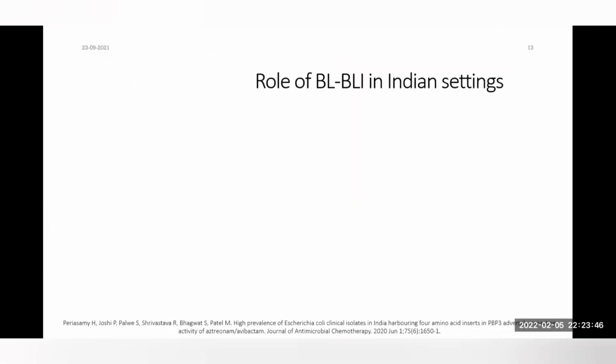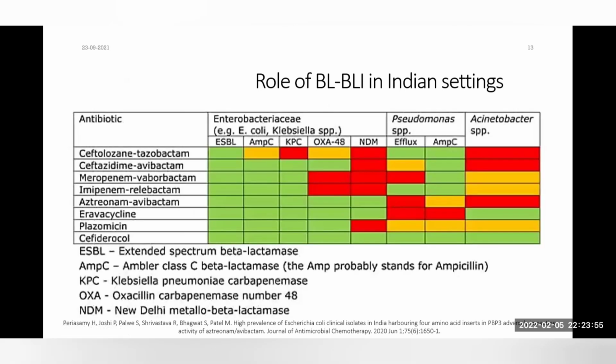So what is the role of BLBLI in Indian settings? If you look at the various BLBLIs which are available, most of these are not currently available in India. Which are available is ceftazidime-avibactam.